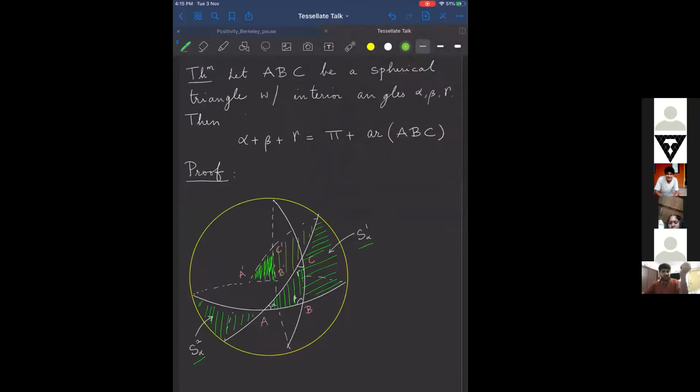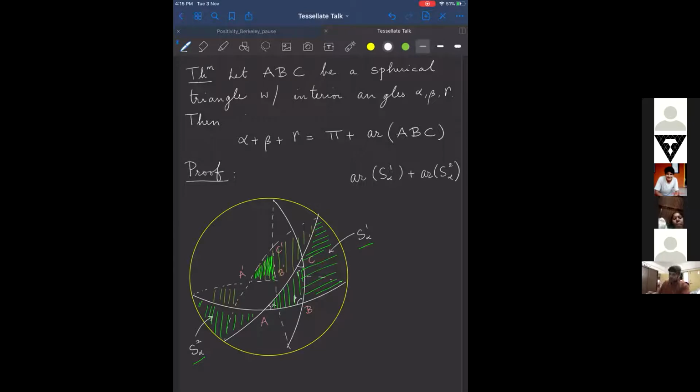And of course, there's also the region that goes behind the sphere, which I'll color. Right, so this is the great circle. So what is the area of S alpha 1 plus the area of S alpha 2?